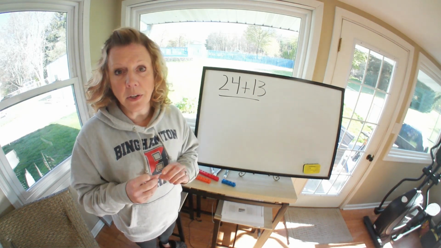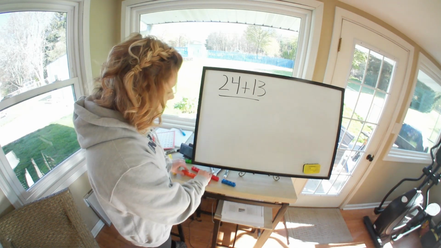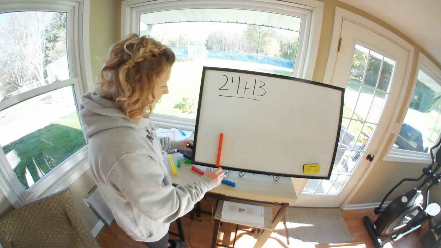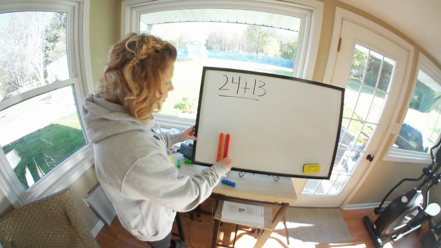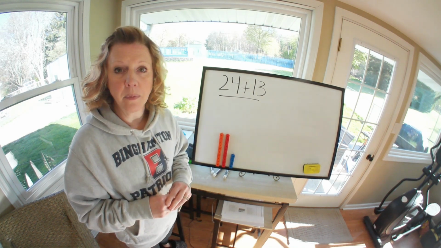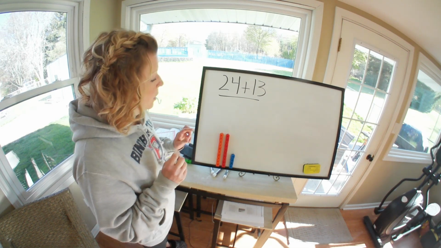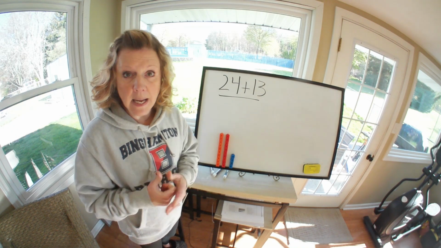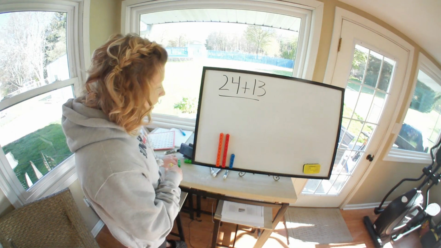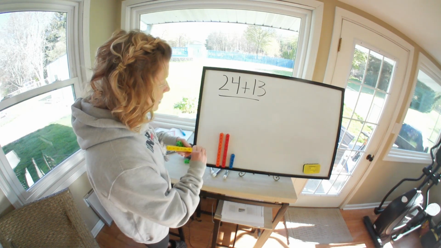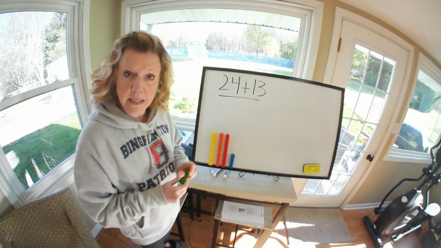Now, let's look at 24 plus 13. So what I'm going to do is take some cubes and we're going to take a look at them. So we have 10, 20, plus 4 is 24. Okay? So there's your 24. What we're going to do now is add 13 to it. How would you add 13? Well, we know that 13 is 10, 3, right? So here's my 10. I'm going to put my 10 next to my 10s.